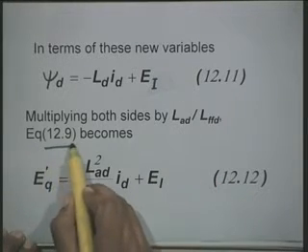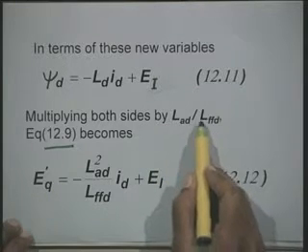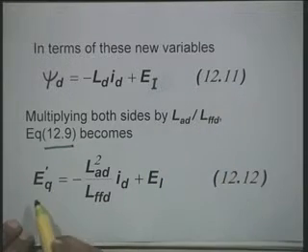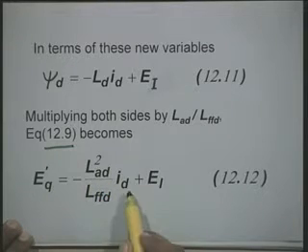that is equation number 12.9. You multiply both sides by LAD and divide by LFFD, you will get an equation in the form EQ prime equal to minus LAD square divided by LFFD Id plus EI.